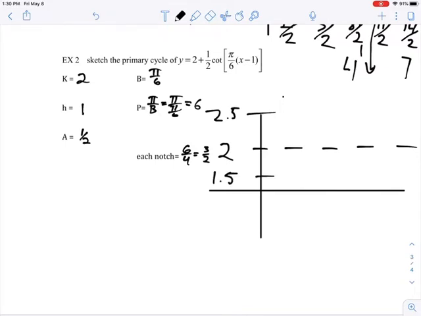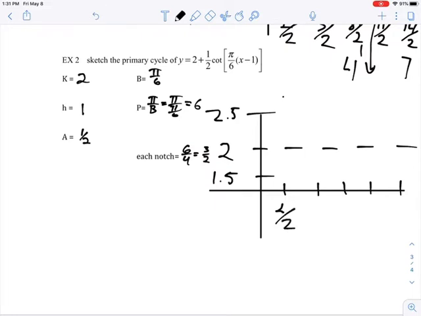Again, for me, the scaling doesn't matter. I want to see the numbers. Okay, we've got our H, and then 1, 2, 3, 4. Every time. So what's our H? 1. And what's our each notch? 3/2. So I'm going to get a common denominator. Call it 2/2.